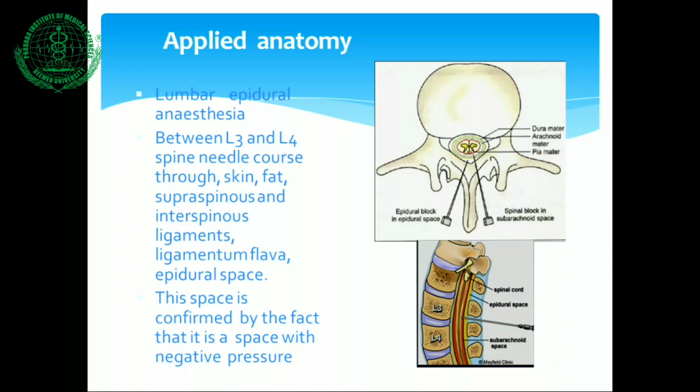The epidural space is identified by the fact that it is a space with negative pressure. Here in the epidural space, the anesthetic agent is given, which is known as an epidural block.